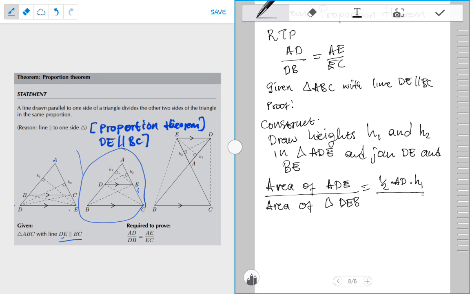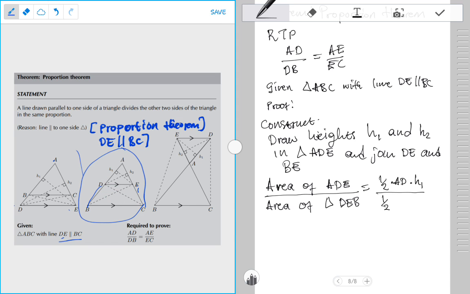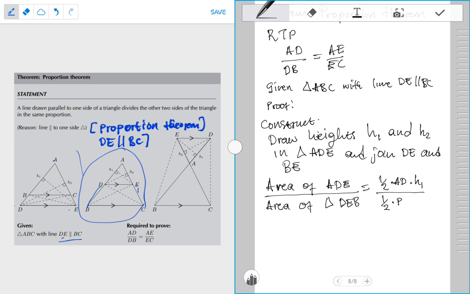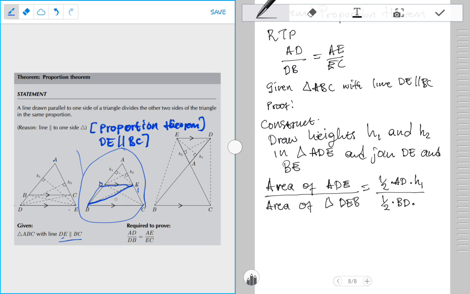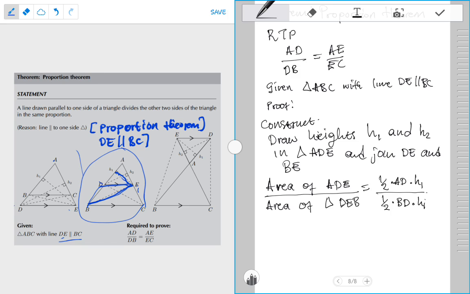And this is divided by 1 over 2 times the base of triangle DEB, which is BD, multiplied by its height, which is H1. So this will cancel this, and we will have AD over BD.